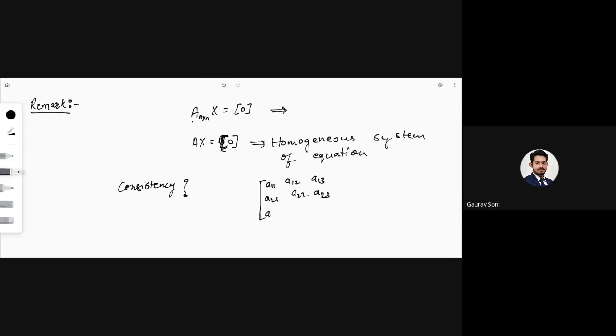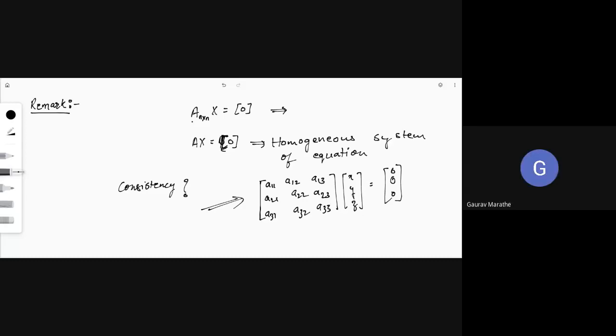So the third one is A31, A32, A33, times x, y, z, and being homogeneous, the right hand side is 0. So now my question is, if you have this kind of system of equations, what can you say about consistency of this? So Daksh is saying that it will have a unique solution, consistent and unique solution.